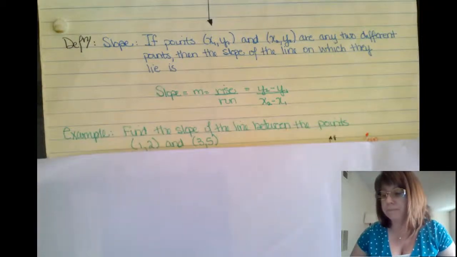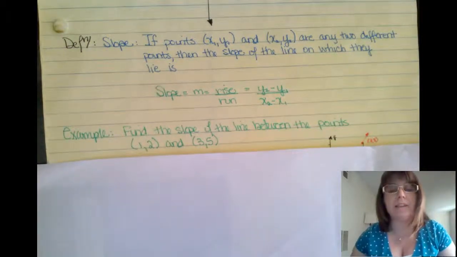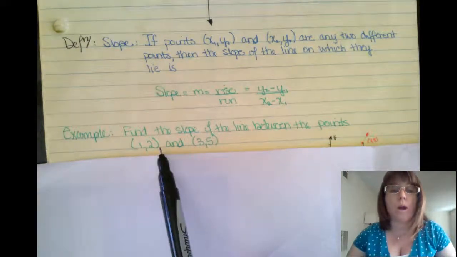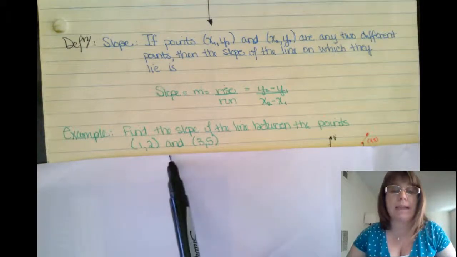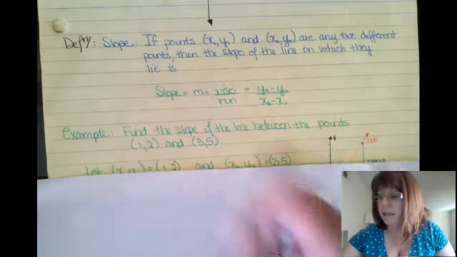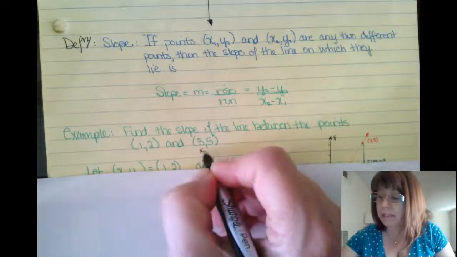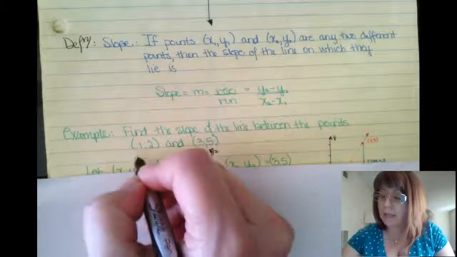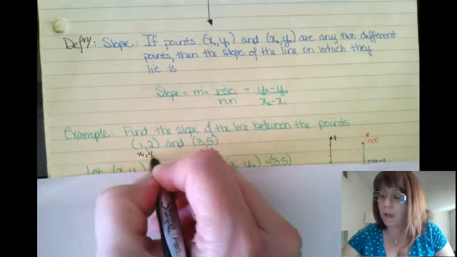Let's see an example. Let's find the slope of the line between the points 1, 2 and 3, 5. Here's our x2, y2, pardon me, and x1, y1.